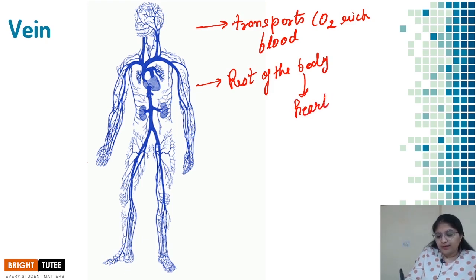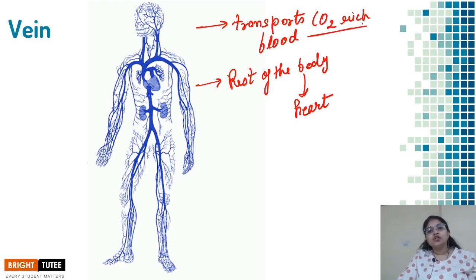So, you can see that the direction in which the blood is going is towards the heart. In the arteries, we saw that the direction was away from the heart, whereas in veins, the blood is moving towards the heart, right? Because it is carrying carbon dioxide rich blood.